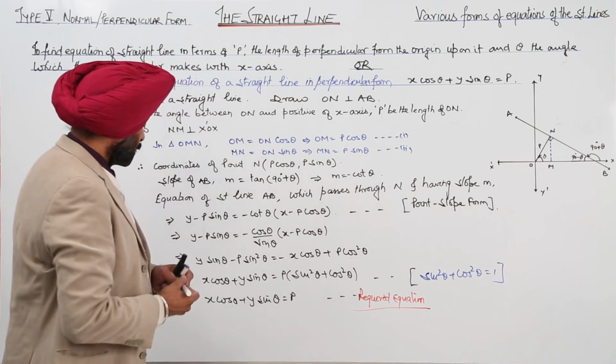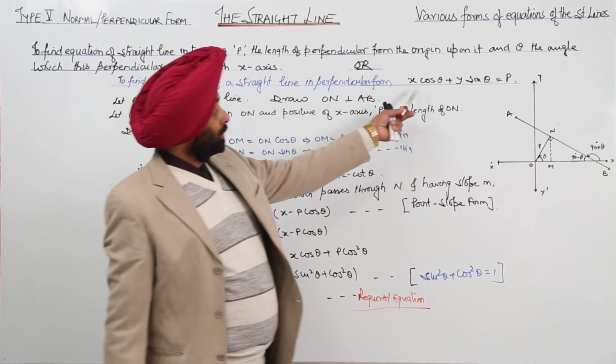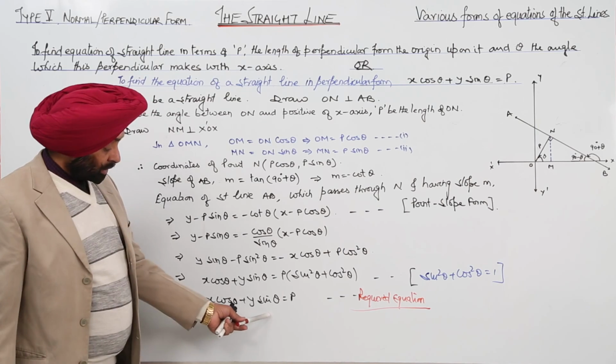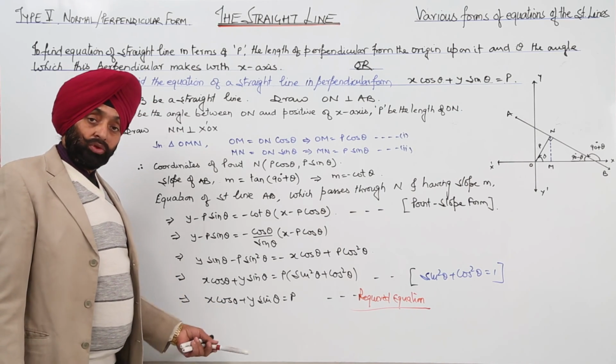So x cos theta plus y sin theta is equal to P means the equation in terms of P and theta.